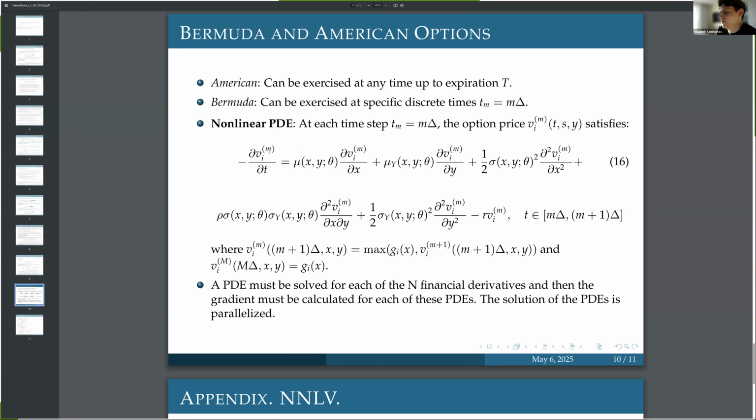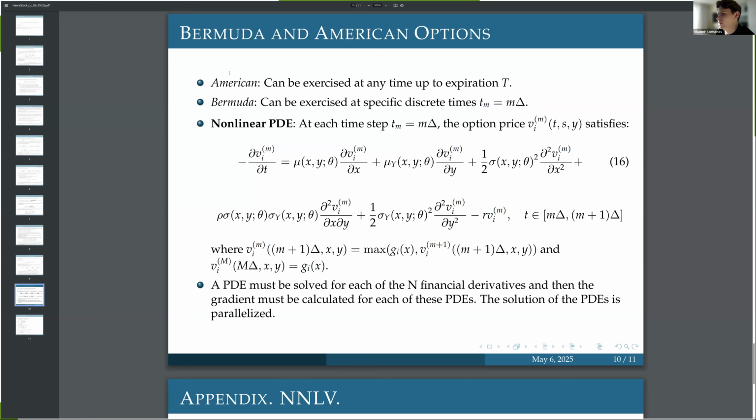It can be solved step by step from the time of maturity t to now, to t equals 0, because you know the payoff function at the time of maturity.